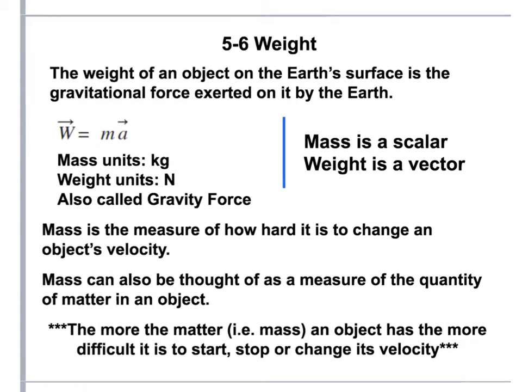So we want to refresh our memory on a couple definitions here. So weight in particular is the weight of an object on the Earth's surface. The weight of an object that's on the Earth's surface is the gravitational force exerted on that object by the Earth.